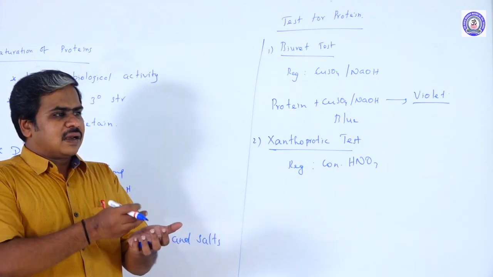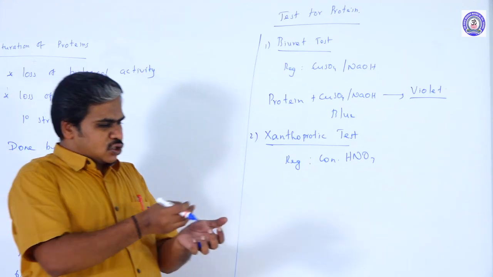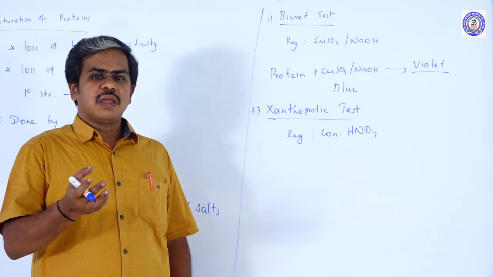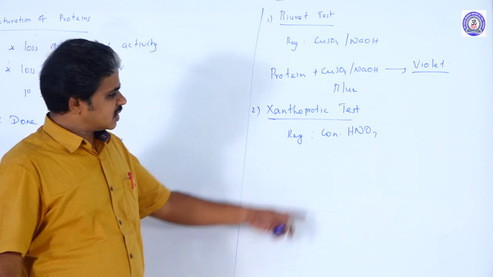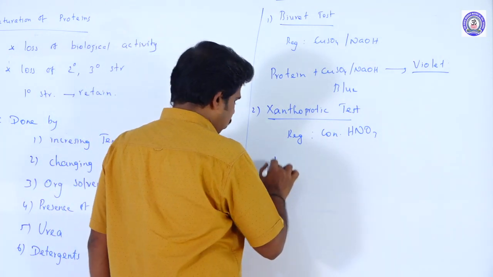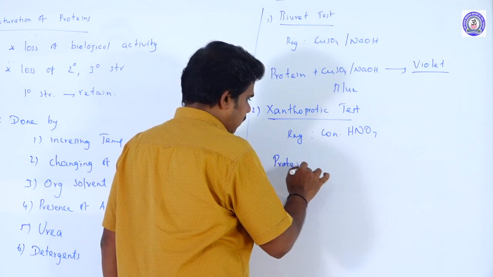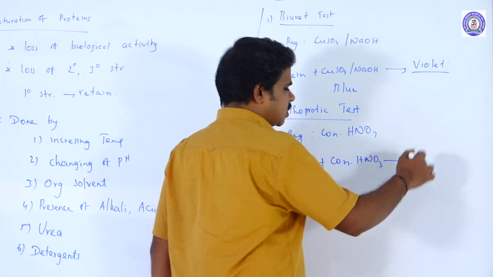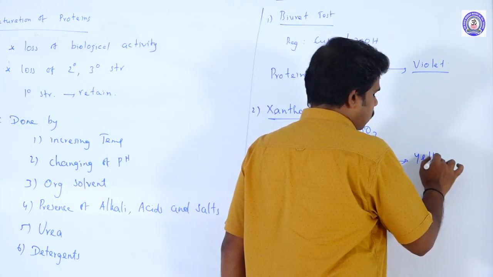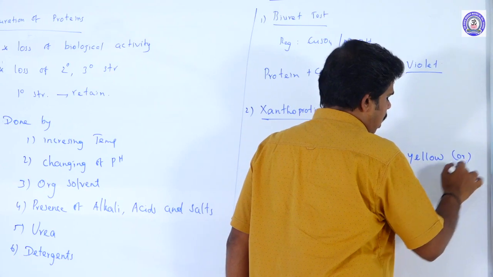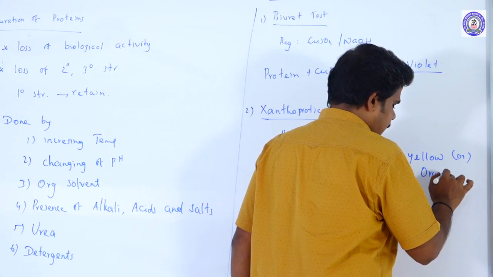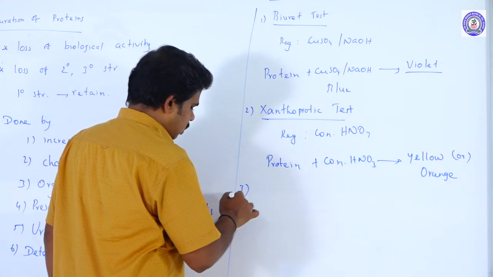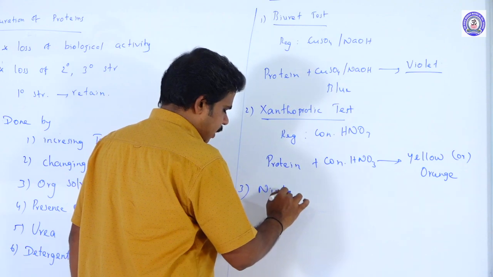Suppose nitric acid touches our hand; skin is a protein, and the skin becomes yellow or orange in the presence of nitric acid. So protein with concentrated nitric acid produces a yellow or orange color.